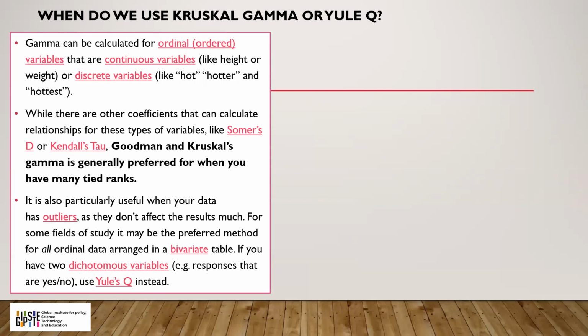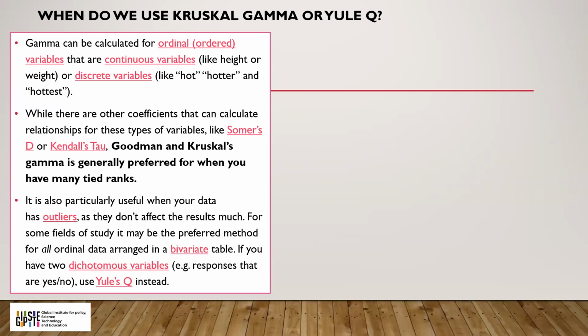While there are other coefficients that can calculate relationships for these types of variables, like Somers' D or Kendall's tau, Goodman and Kruskal's gamma is generally preferred when you have many tied ranks. It is also particularly useful when your data has outliers, as they don't affect the results much. For some fields of study, it may be the preferred method for all ordinal data arranged in a bivariate table.